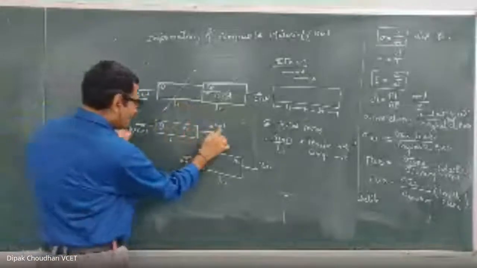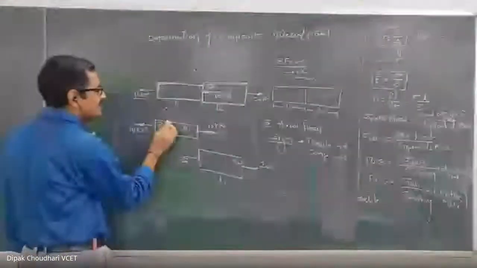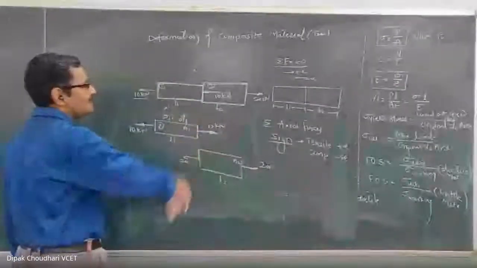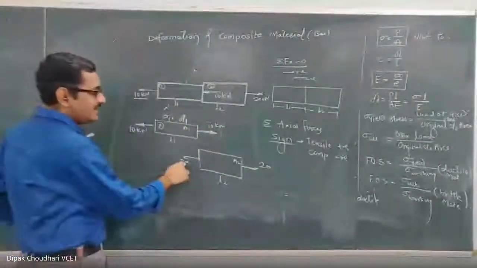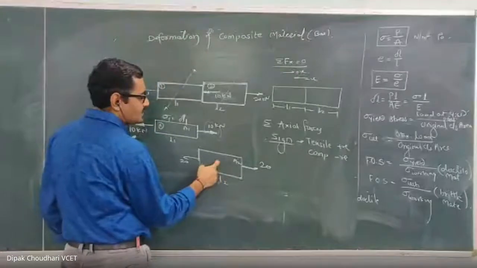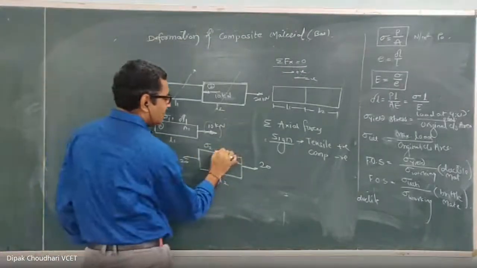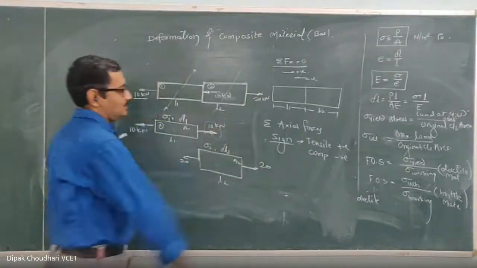This 10 kilonewton force is responsible to induce the stress in the part 1 as well as deformation of the part 1. Similarly, this axial force acting on the part 2 is responsible to induce the stress in the part 2 and deformation in the part 2.